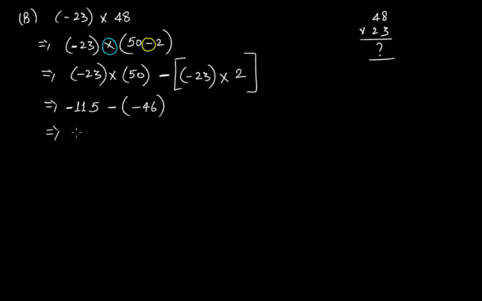Now this will be minus 1150, and since outside the bracket you have a minus sign and inside the bracket you have a minus sign, these two minuses will become positive, and you have plus 46. If you solve this, you can subtract. Since 1150 is the greater value, there will be a minus sign in the answer, and if you subtract 46 from 1150, you'll get 1104.